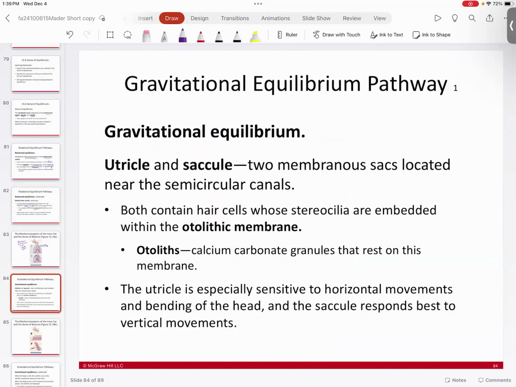Now, what about gravitational equilibrium? This is different than rotational. Gravitational equilibrium essentially senses your position in the gravitational field.